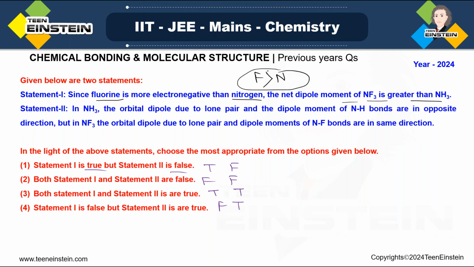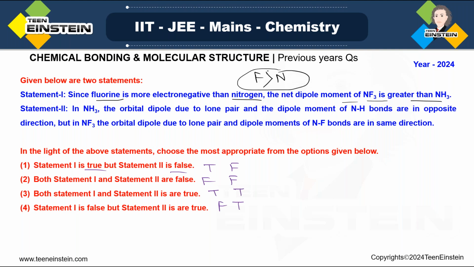But is it the criterion based on which we can decide the net dipole moment of a particular molecule? No. You have to draw the molecule and check the individual portions of the molecule. That is, how many bonds are there, whether there is a lone pair, what is the electronegativity difference between the two atoms. Everything we should consider. Then only we can decide whether it will have more dipole moment than the other molecule.